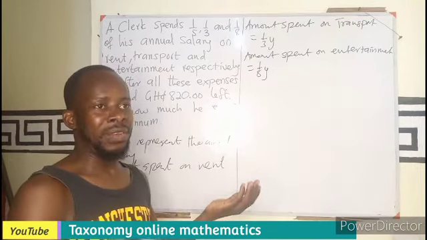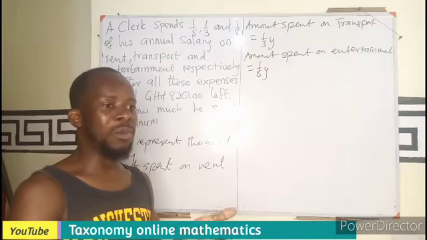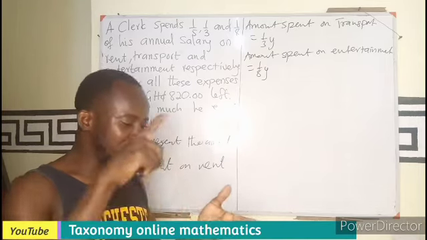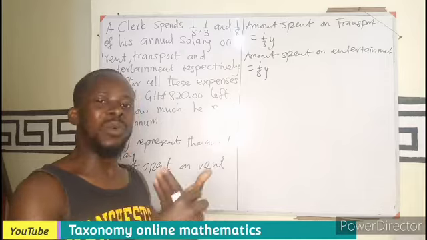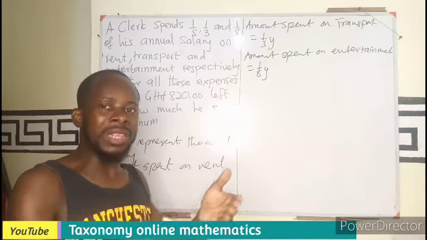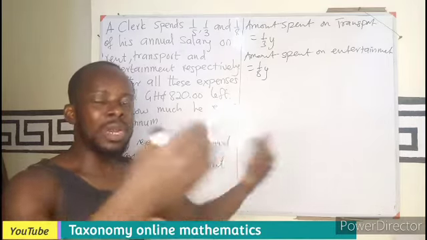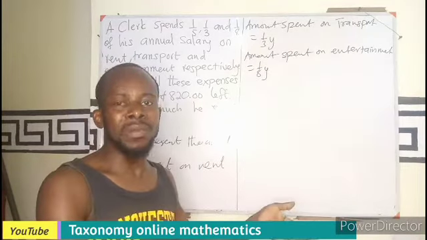The money is in total. If I remove rent, transportation, and entertainment, then add what is left to what I spent, it will equal the amount I receive in a month.